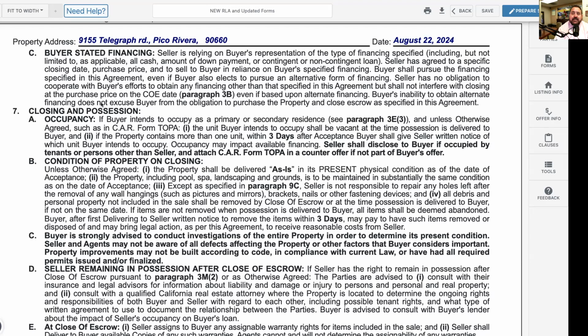But what happens is if you cannot close because of that loan, or you don't qualify for the FHA loan that you switched to from conventional, the seller does not have to honor your loan contingency any longer. You would have to switch back to the original financing and close the escrow that way.